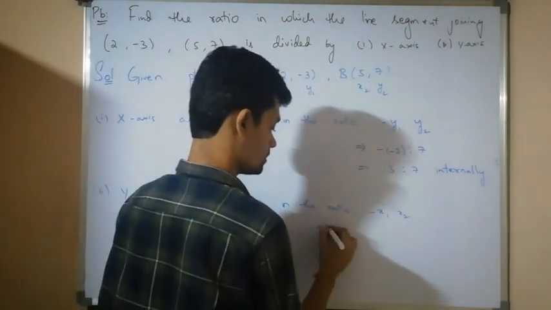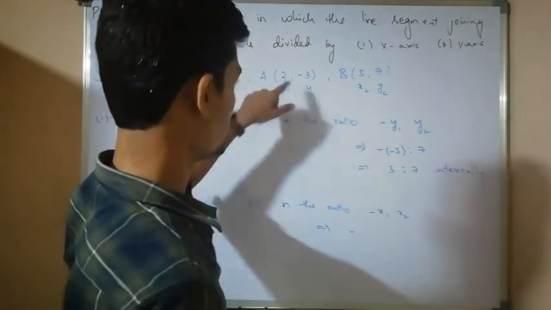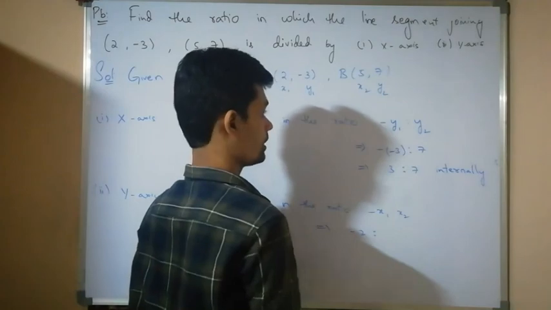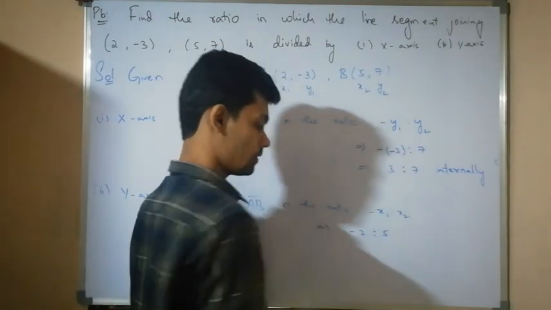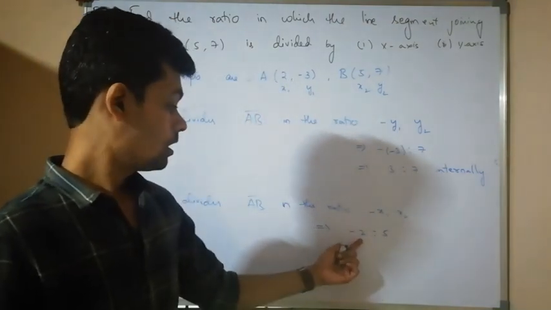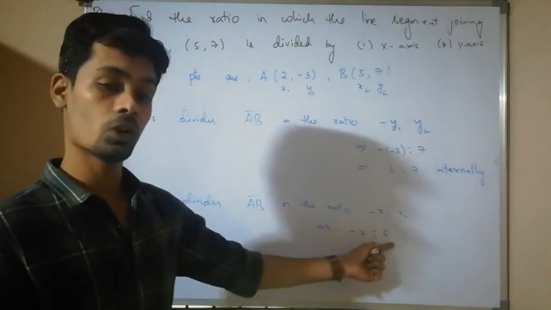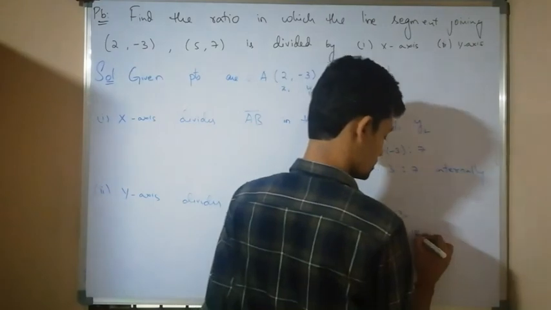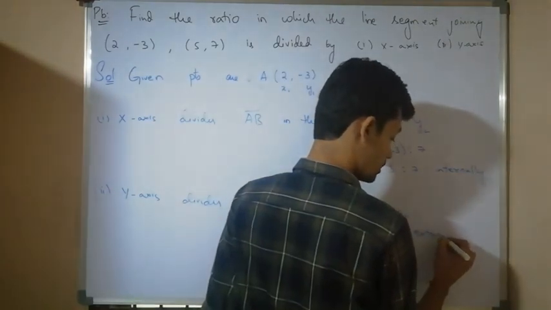This implies minus, what is x1? 2, so minus 2. What is x2? 5. Here one is negative, one is positive. If I multiply, we will get the answer negative. So therefore it is external.